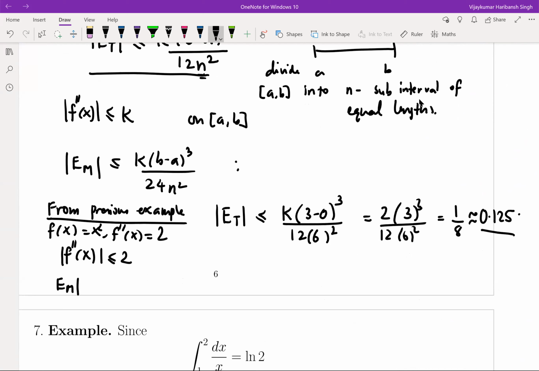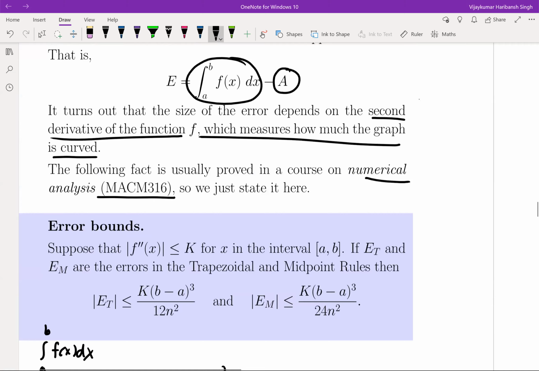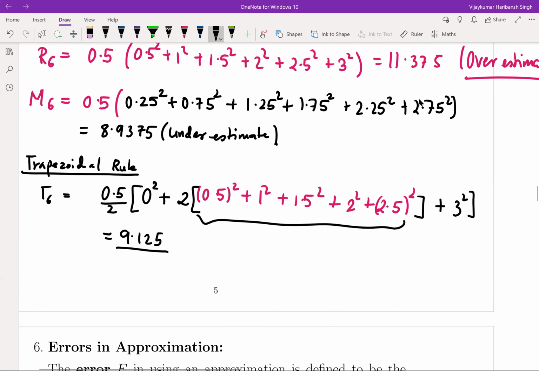If you look at the midpoint rule, this is less than or equal to, again, k is 2, (3 minus 0) cubed divided by 24 times 6 squared, which is 1 by 16, which is going to be 0.0625. And if you look at your answer here, you will see that this is not far.